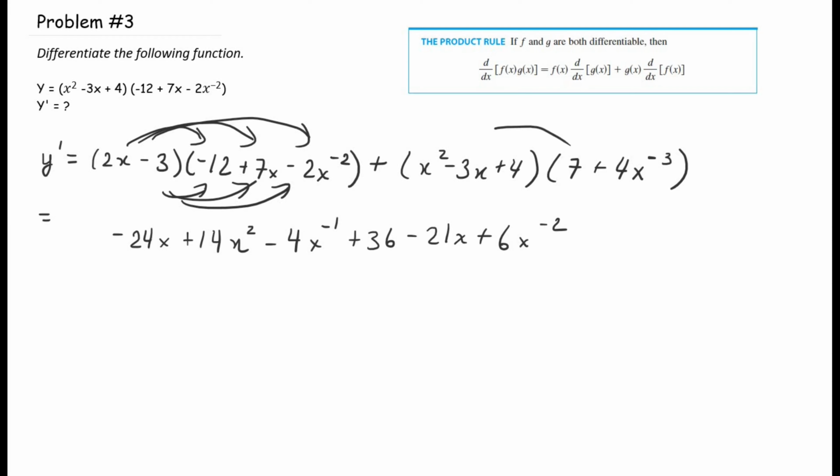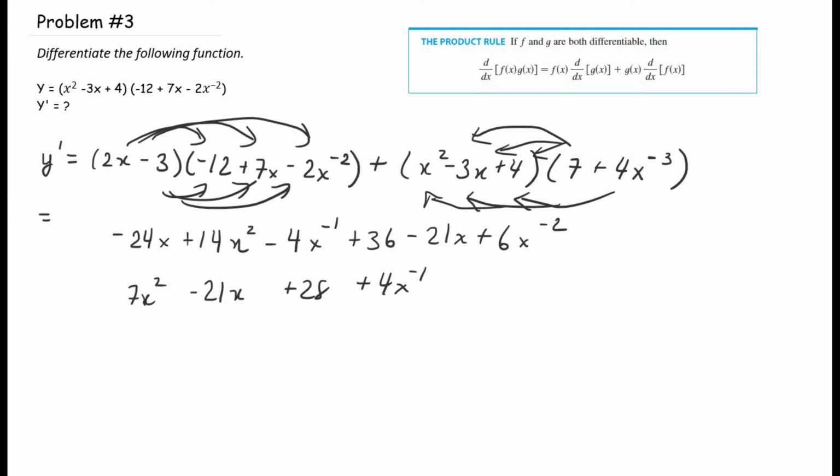We do the same for this term, and this gives you 7x squared minus 21x plus 28 plus 4x to the minus 1 minus 12x to the minus 2 plus 16x to the minus 3.